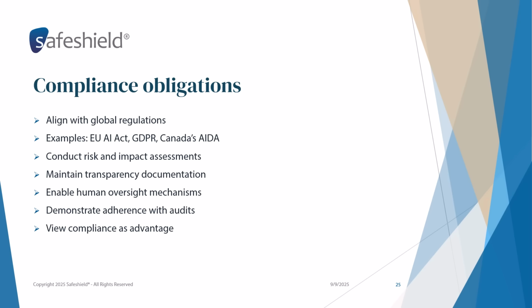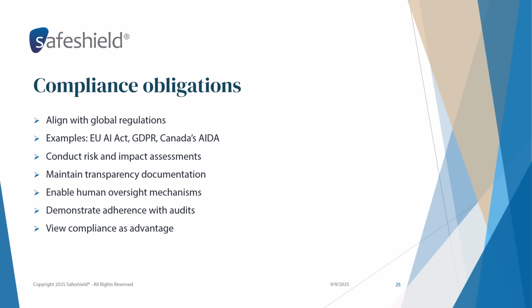AI governance is closely linked to compliance obligations, as regulations increasingly require organizations to implement structured oversight of AI. Laws such as the EU AI Act, GDPR, the General Data Protection Regulation, Canada's Artificial Intelligence and Data Act, and sector-specific regulations in finance and healthcare mandate governance measures to ensure safety, fairness, and accountability.